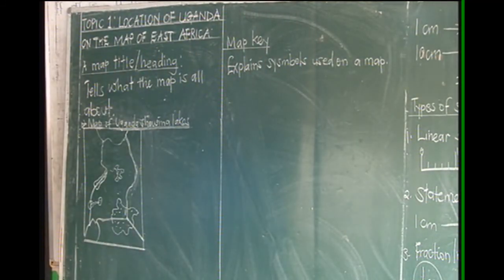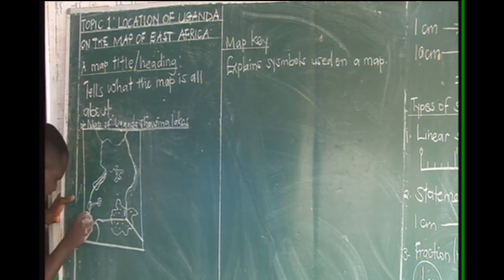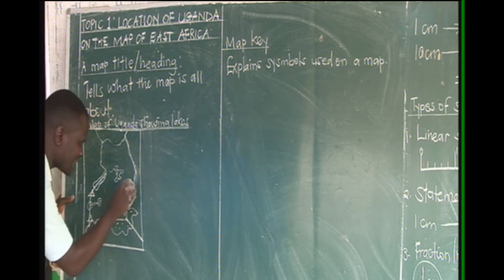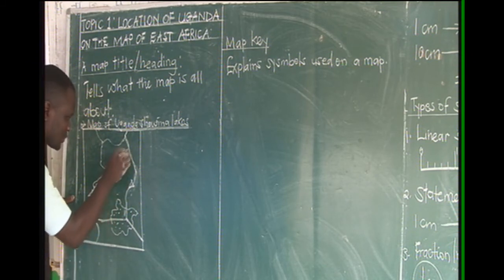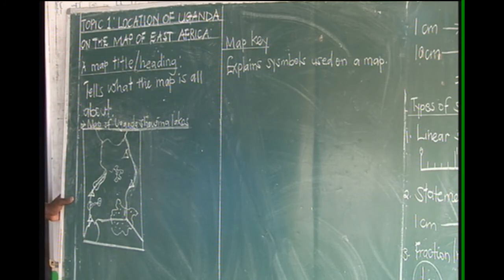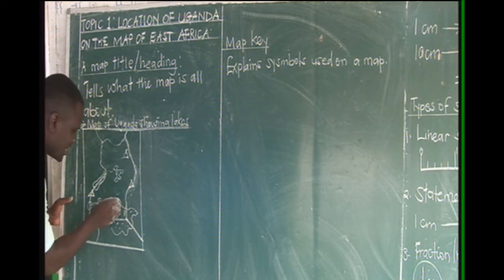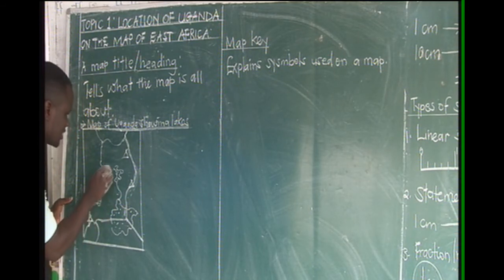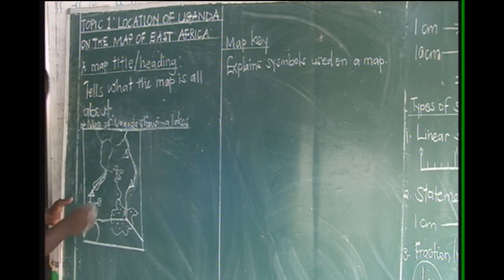For example, you'll find that a map can be drawn like this, and it has very many things drawn. We have seen there are these which are drawn like this. You can find it can also be having other symbols drawn like this. We have those ones that look like triangles. Then you can also find other features shown on this map. There are others joining.